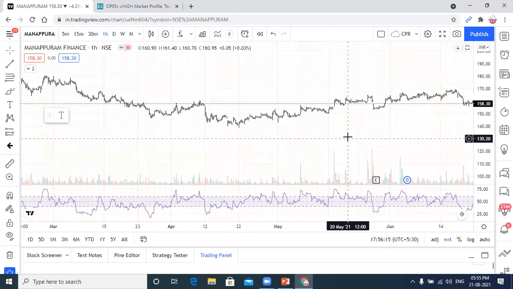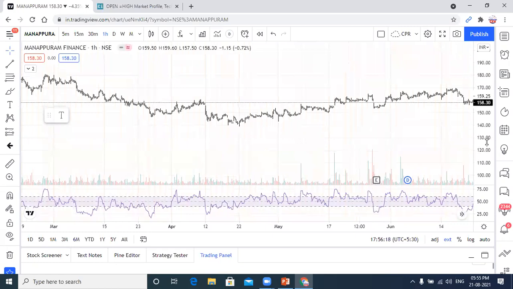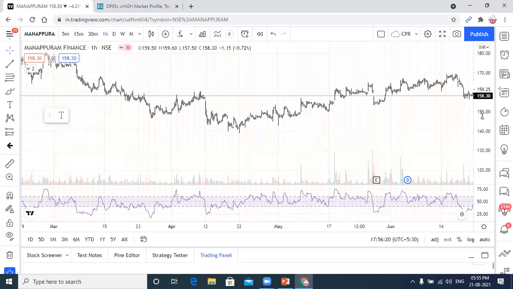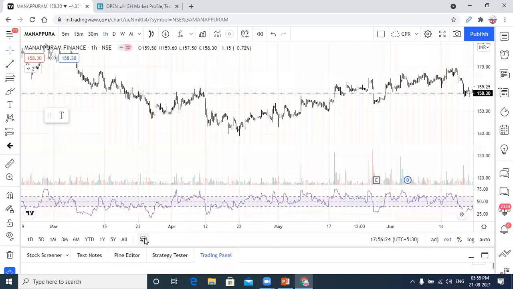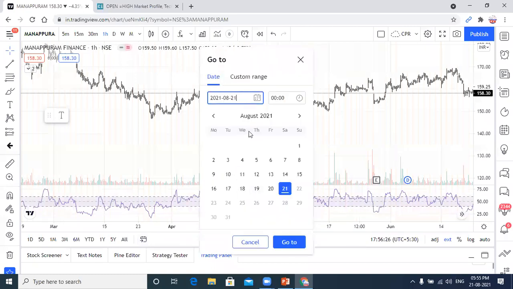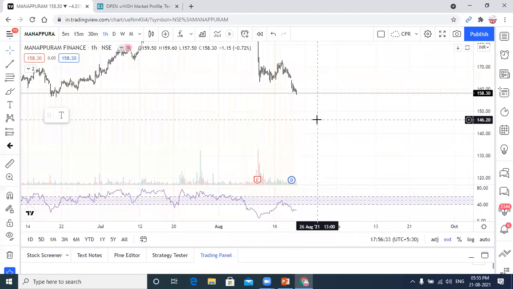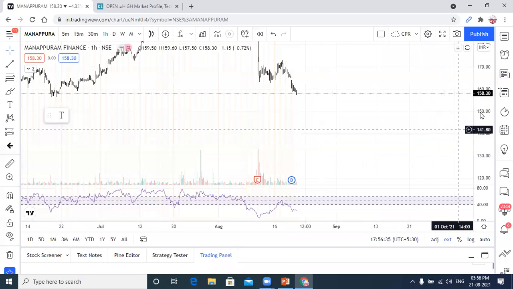As a trader, apart from the setup, you need to pay attention to other points as well. These additional points will give you more confidence to initiate a trade.